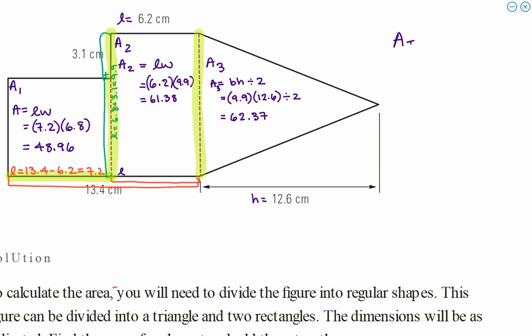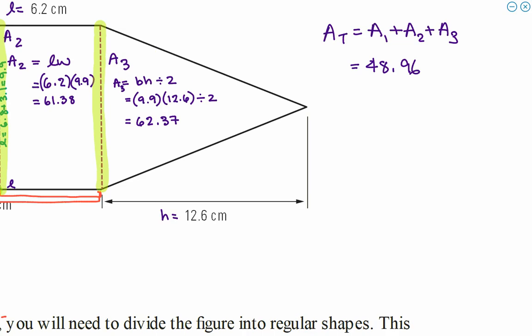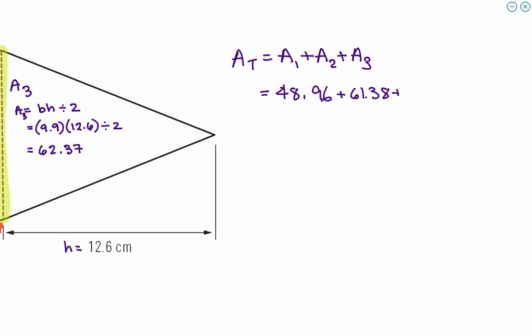Our final answer, because they're asking us to find the area of the total figure, would be that the total area is area 1 plus area 2 plus area 3, which would give us 48.96 plus 61.38 plus 62.37.